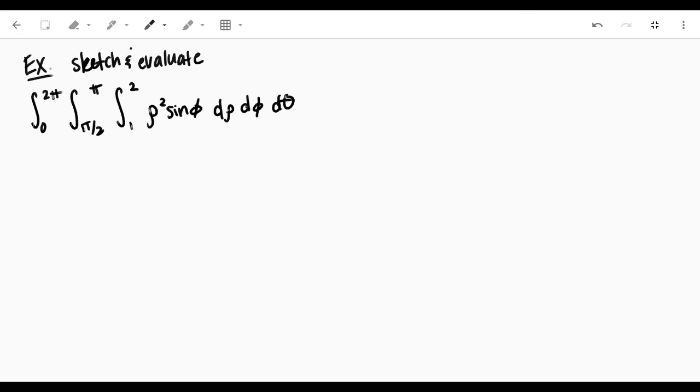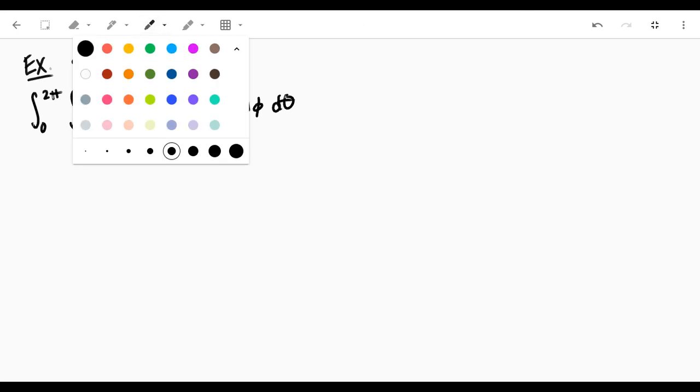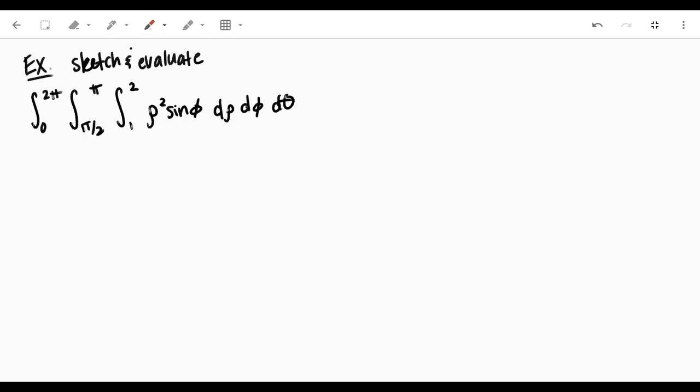Now the integral is not the tough part here, right? We can do that pretty easily. We'll do this integral just so you have one to look at. I won't do them all again. Just like the previous video, I'll tell you the final answer. So first, integrate with respect to rho, so rho cubed over 3.